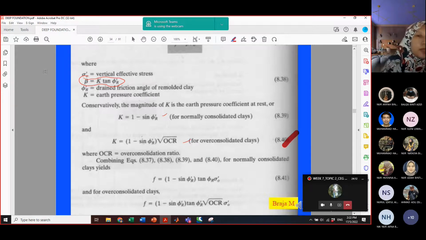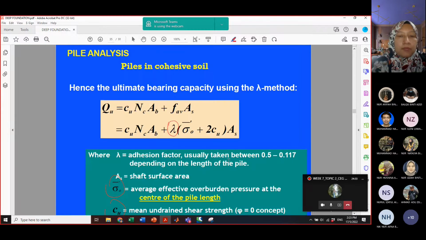Okay, what is the effective phi? It is referring to the drained friction angle of remodeled clay. So for this you have to go through the textbook, how we are going to analyze accordingly for different types of clay, whether NC or OC.